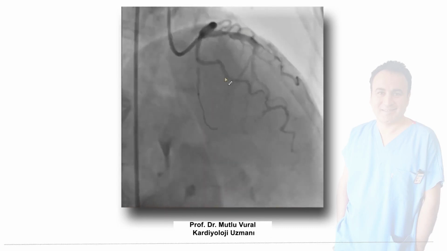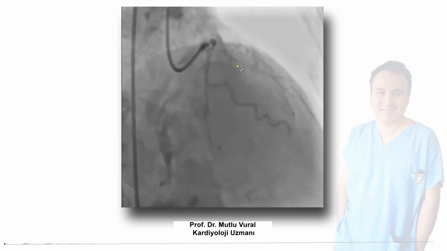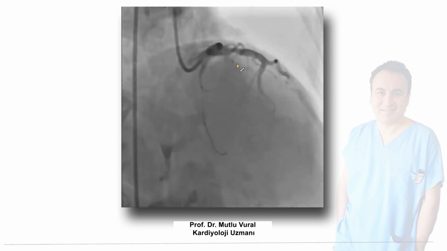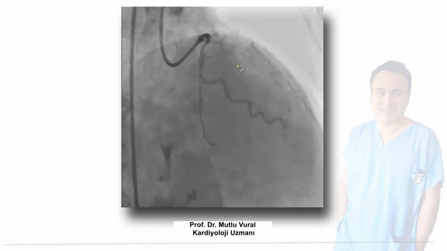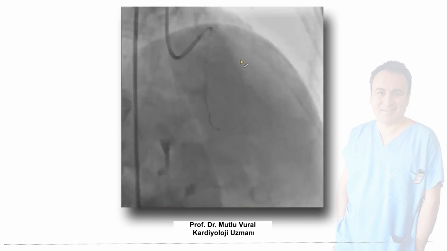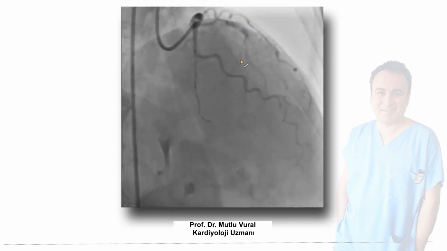What are messages in both cases? Before predilatation or delivering devices, we should be sure about the position of the wire. Wire should be in the true lumen and in the big artery.